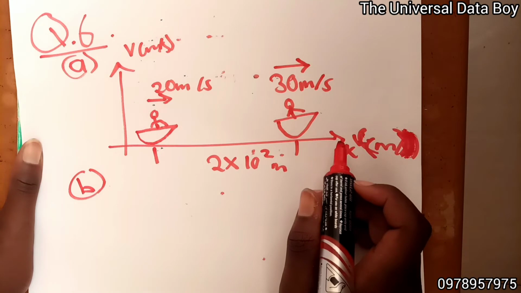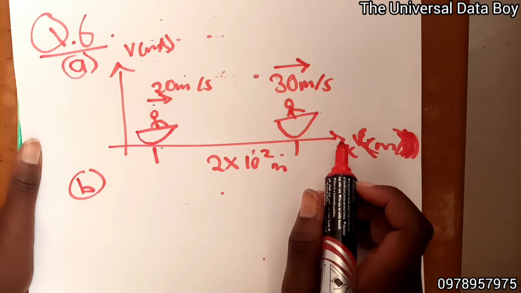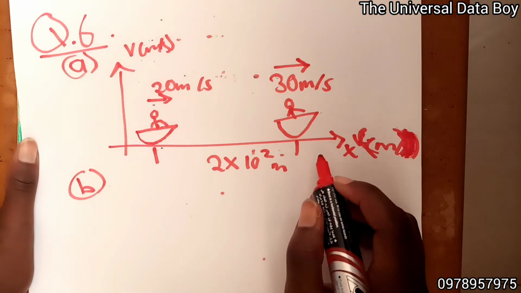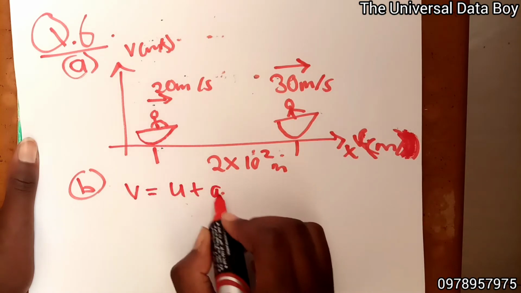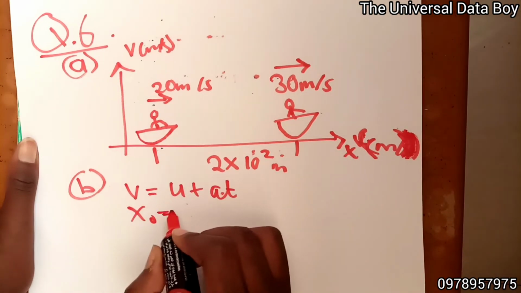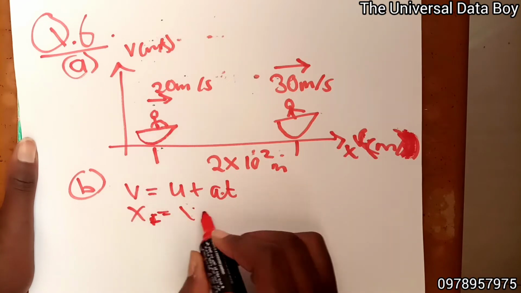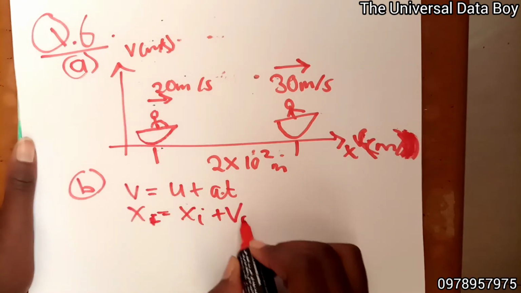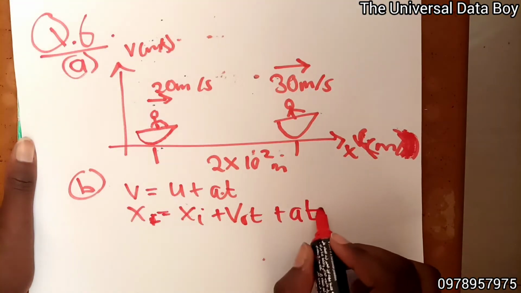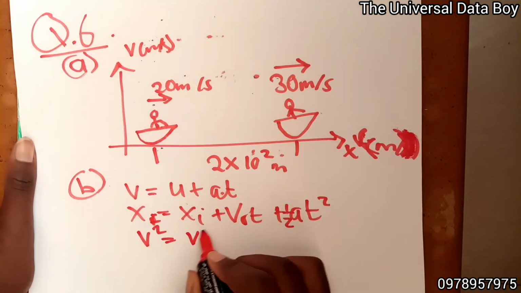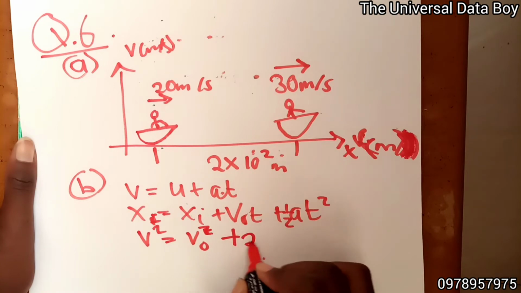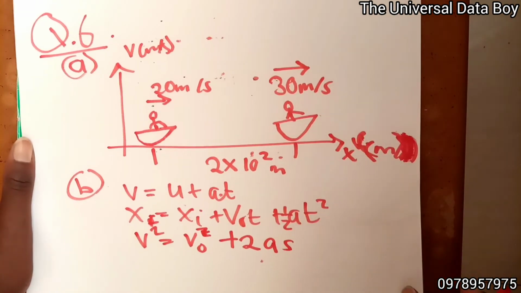we are told, for the given information, what single equation is appropriate for finding the acceleration. When you look at your kinematic equations, you have v is equal to u plus at, x final is equal to x initial plus v naught t plus half at squared, then v squared is equal to v naught squared plus 2as, where s is the distance.